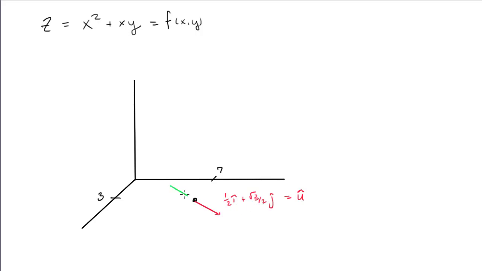That gives us a line that we plug into the function, because every point on the line is in terms of t. That x, y pair we plug into the function, and we get a space curve.